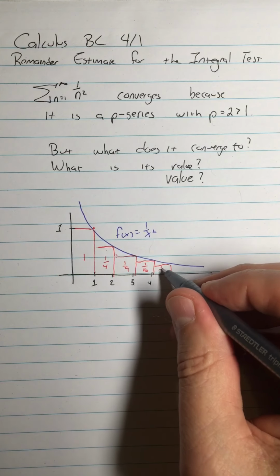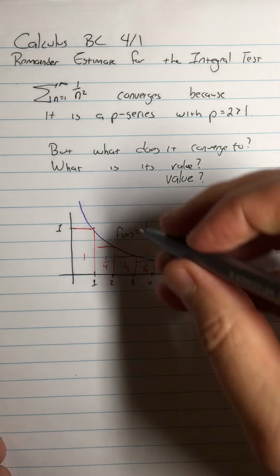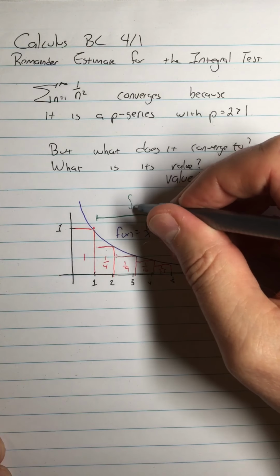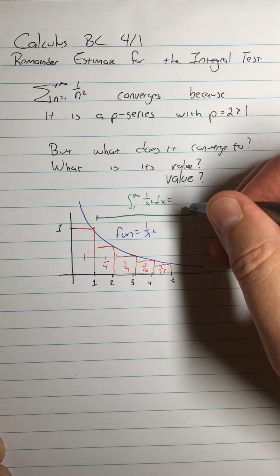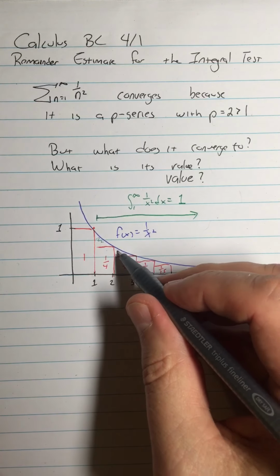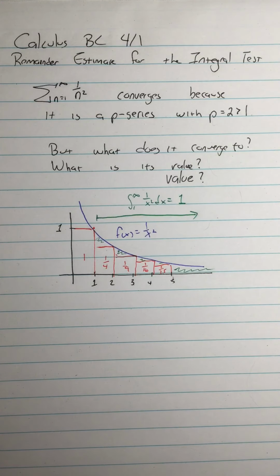So things that I can observe then is, we also know that the integral from 1 to infinity of 1 over x squared dx, we've already shown a number of times, is equal to 1. So this whole area is equal to 1. And we know that the 1/4 plus 1/9, all that stuff, is going to be less than that.